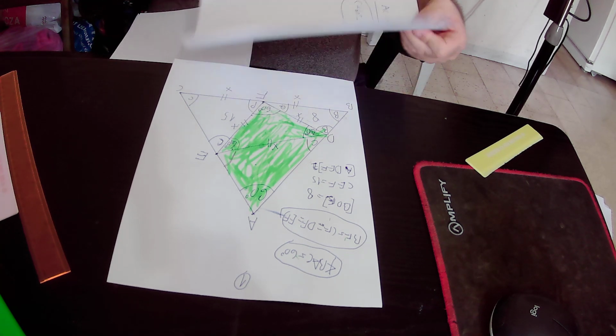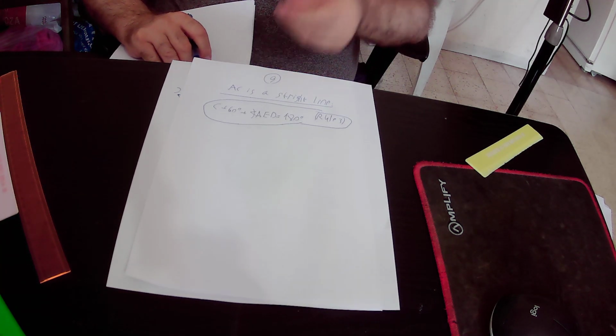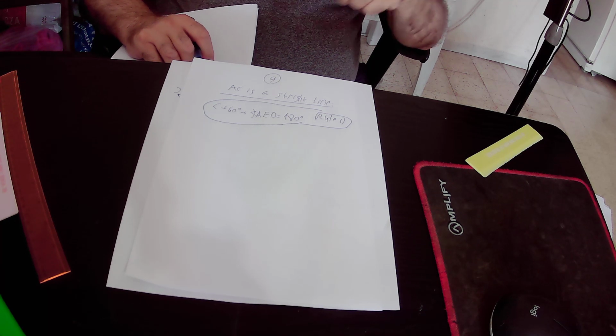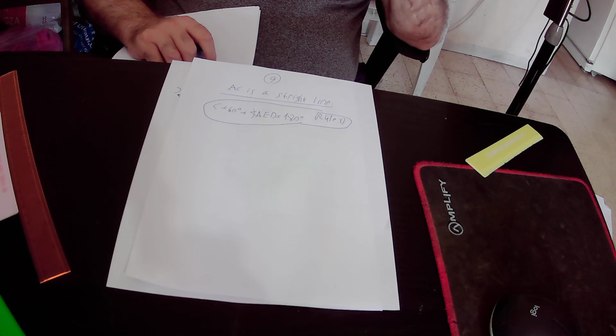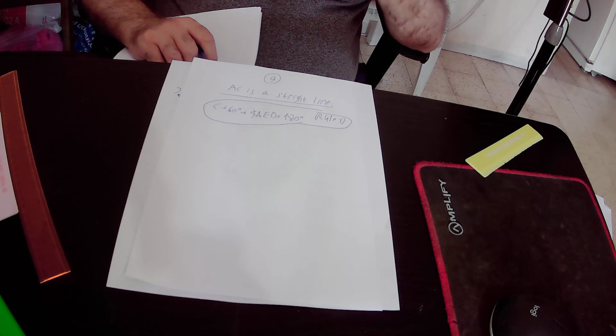Again, angle C plus 60 degrees plus the size of angle AED must be equal to 180 degrees, because the sum of the angles on a straight line is equal to 180 degrees.